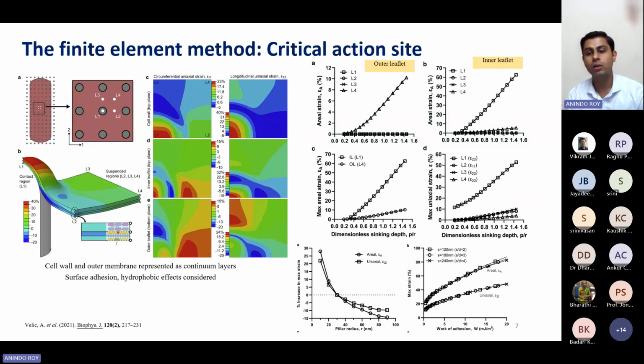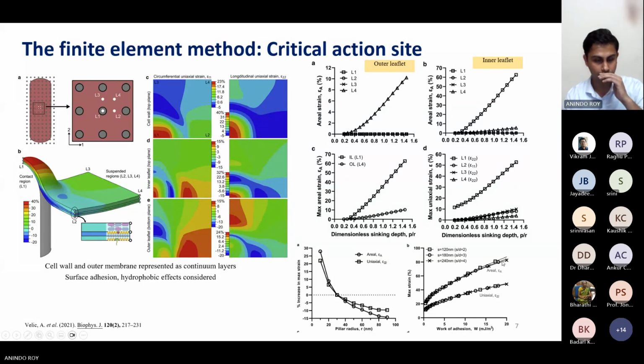So when the work of adhesion is very high, the bacteria is very likely to aggressively adsorb onto the pillar surface. It likes the nanopillar surface very much and would like to bind to it. In such cases, at very high work of adhesion, the areal strain can begin to deviate slightly with changes in interspacing, but even then these differences are less than 5%.